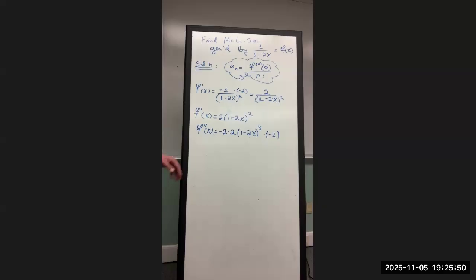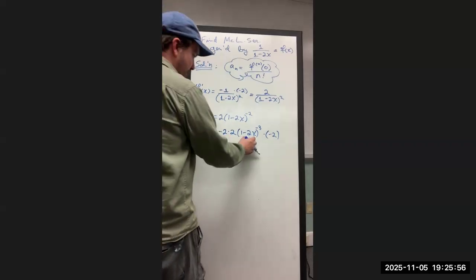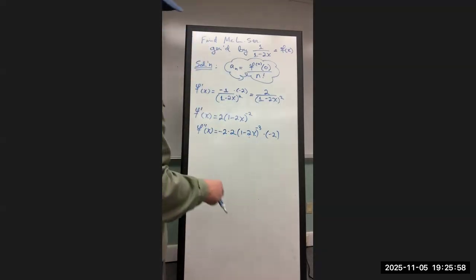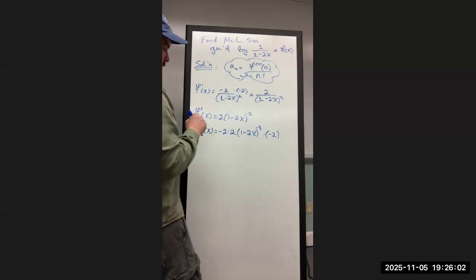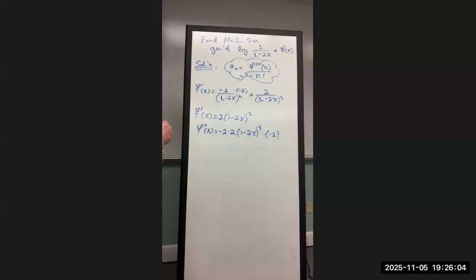So a lot of 2's here. We've got 3 2's. But one of them is coming from the derivative of the interior, and one of them came from the power. So we might want to keep them separated, just to make sure we have the pattern.